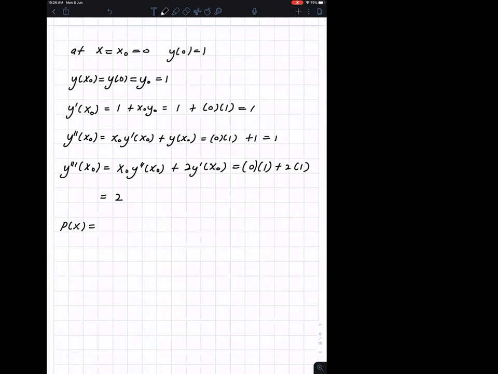So the polynomial is y(x naught) plus y prime (x naught) times (x minus x naught) divided by 1 factorial, plus y double prime (x naught) times (x minus x naught) squared divided by 2 factorial.